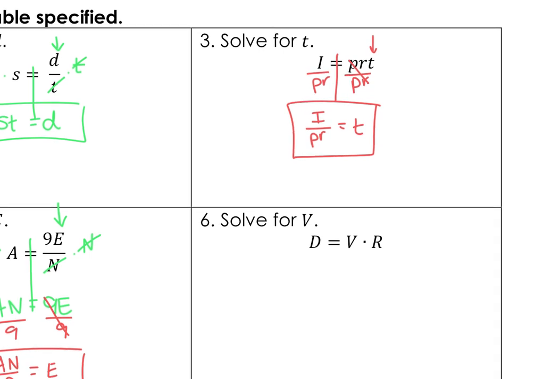All right, 45 seconds for this last one. You are solving the equation for V. You have D is equal to V times R. I feel like we don't need 45 seconds.